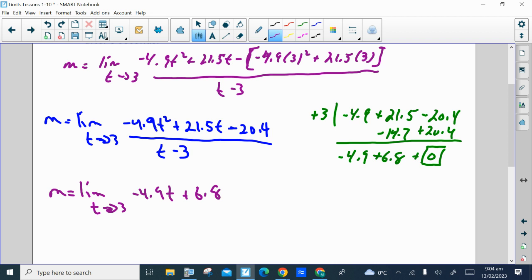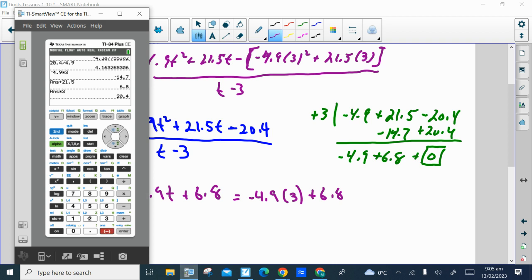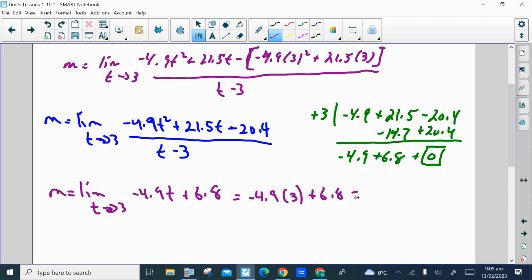So by dividing out, you've gotten rid of that denominator. You can now evaluate this when t is 3. So it's negative 4.9 times 3 plus 6.8, which is negative 7.9 meters per second.